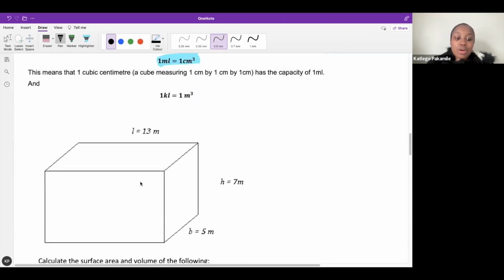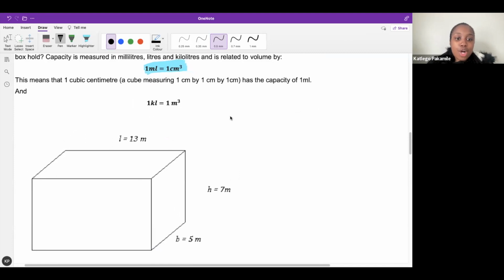Now I want us to work out the volume of the same rectangular prism that we had. Remind me again, what is the formula for volume of a rectangular prism?